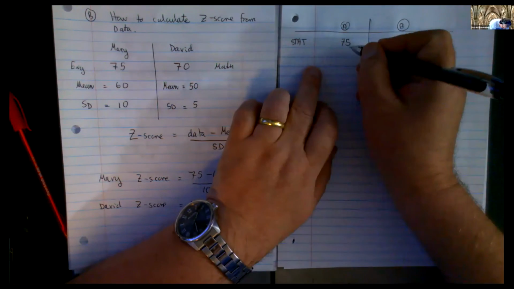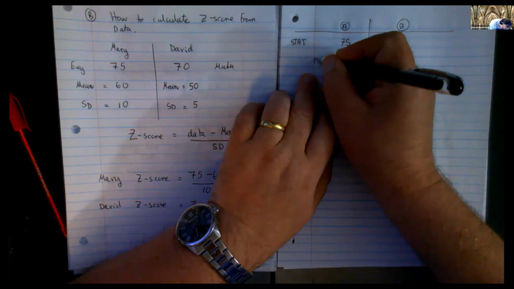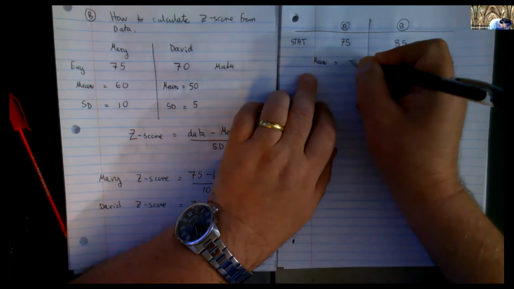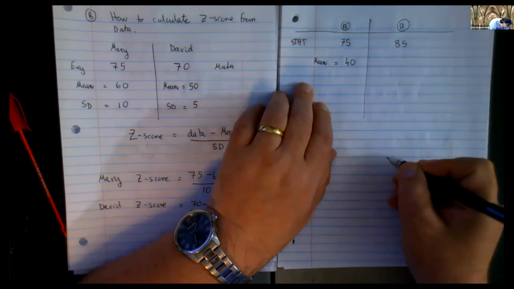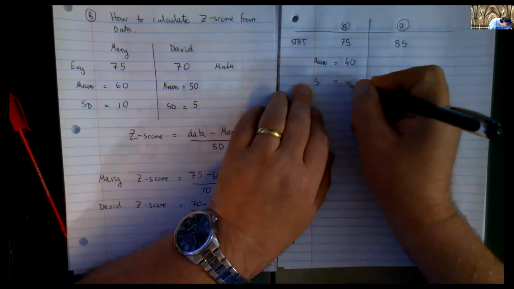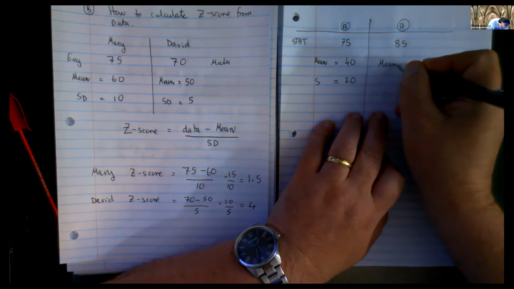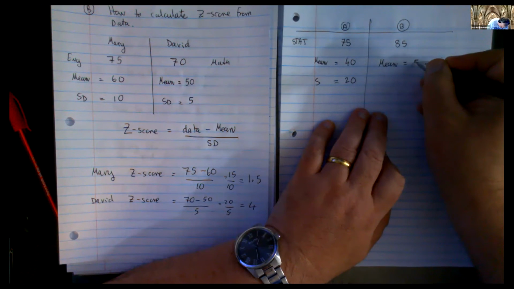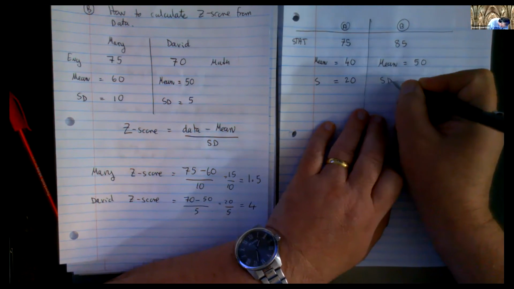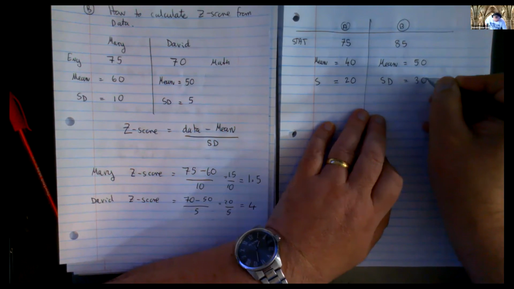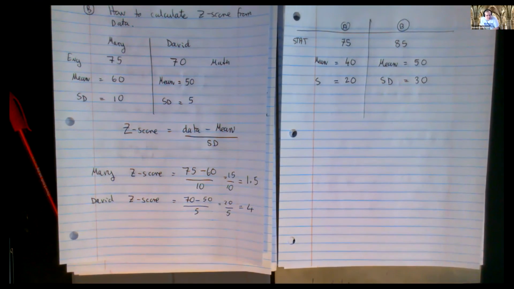This exam here, the mean was 40 and the standard deviation was 20. And in this exam, the mean was 50 and the standard deviation was 30. Now, you might look at this data and say to yourself, I'm not sure now which one of those two actually did better than the other.